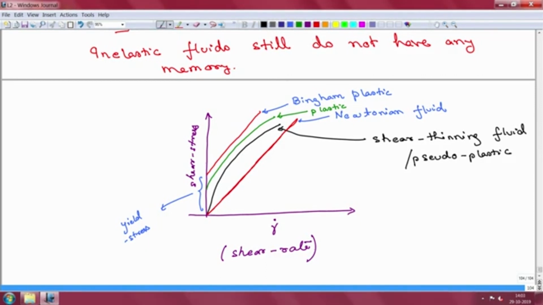Maybe I'll use a black one again, would be a material like this. And this is a dilatant without yield, or a shear thickening fluid.